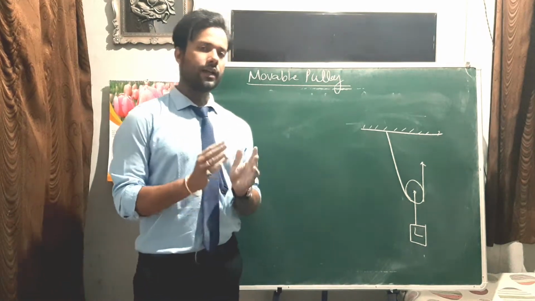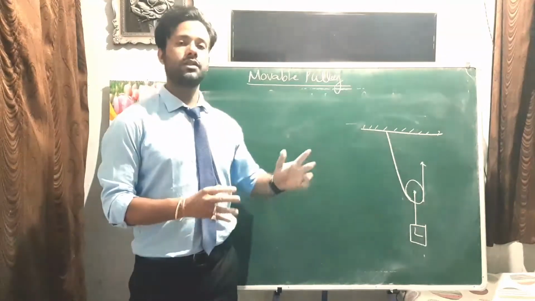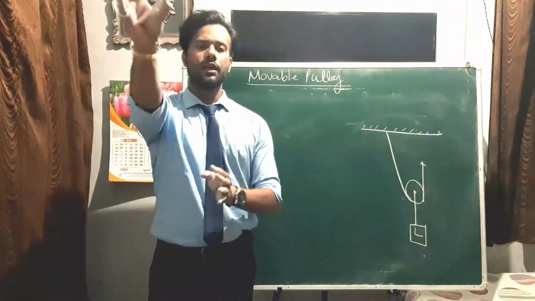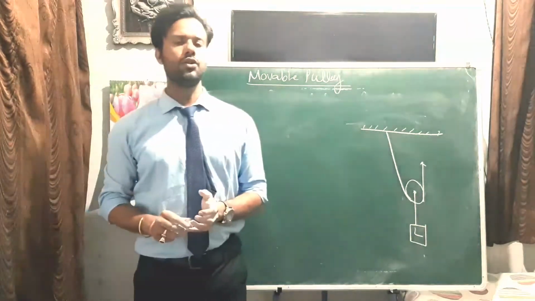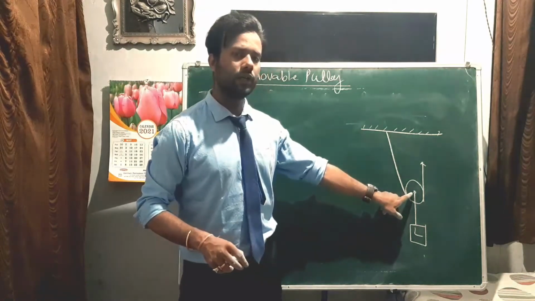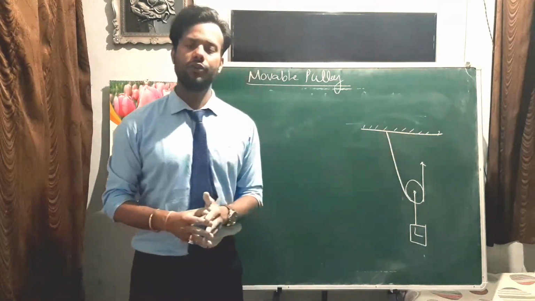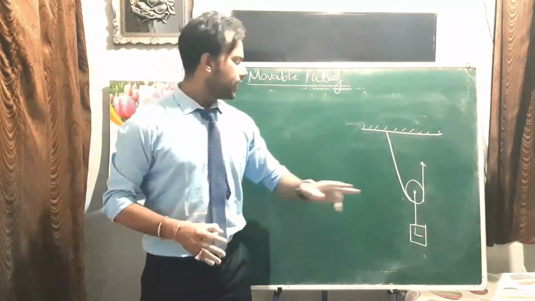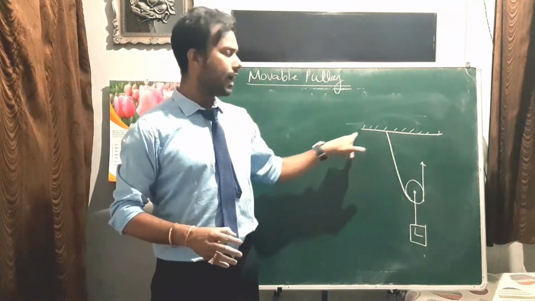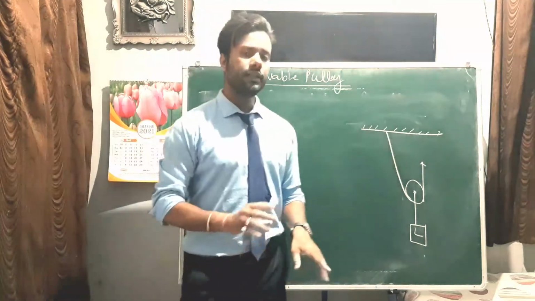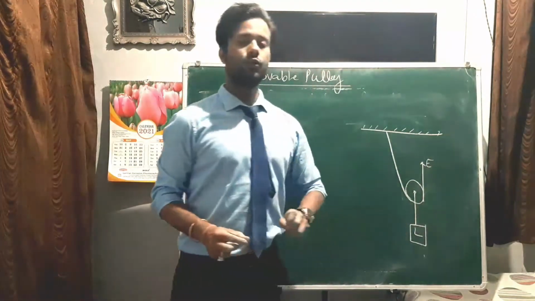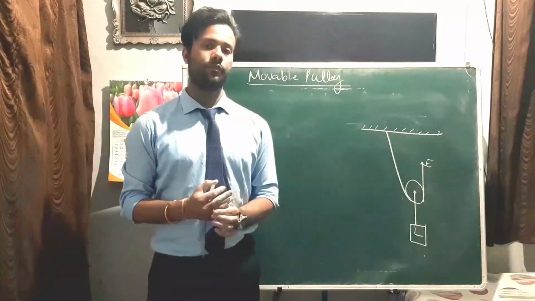So you must have gotten an idea of how this movable pulley works. You've seen that in the movable pulley, the axis of rotation is not fixed. As you can see in this diagram also, it is not supported with any rigid bar or rigid support. But one end of the string is supported at the rigid bar, and the other end of the string is used to apply the effort.